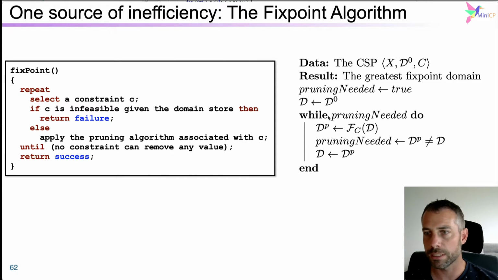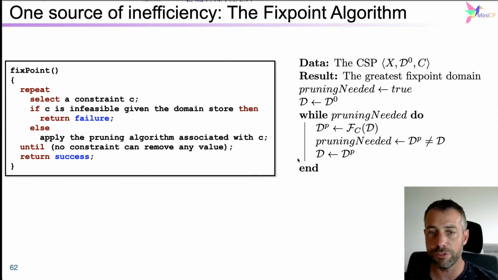Okay, that's represented here, but that's also represented here. You apply here the propagation algorithm of all the constraints, one at a time. You measure the new domains, and if you detect that one of the domains has changed, then you iterate one more time over all the constraints.